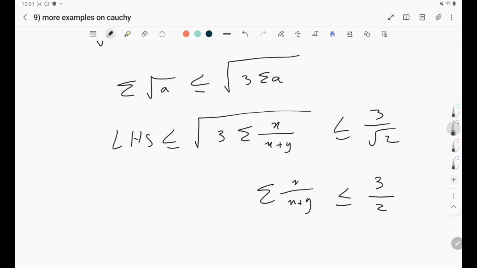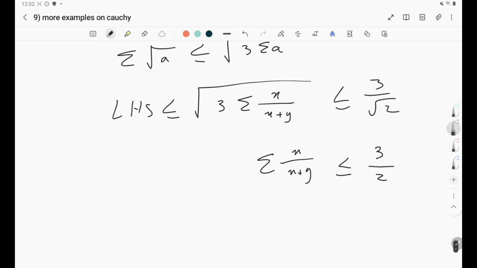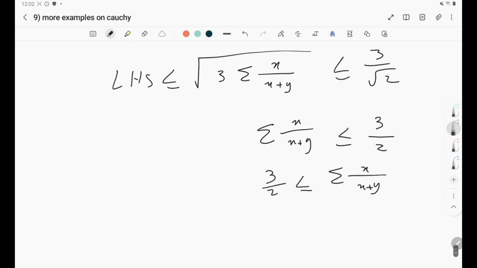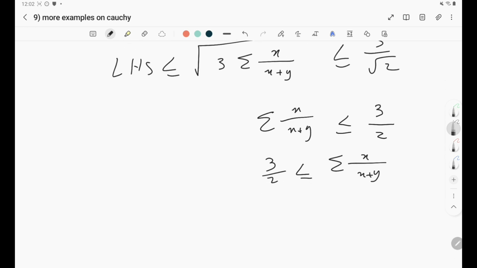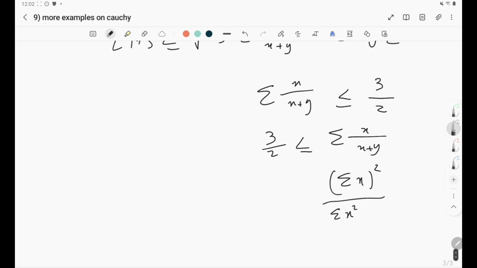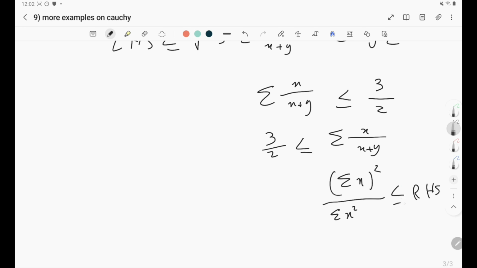For example, here you can try partitioning the fraction, like adding y and subtracting a y, and if you do it like this, now if you try to apply T2 here, I'm just doing the standard trick of multiplying by x and x here, so you'll see that the RHS is greater than this plus sigma x.